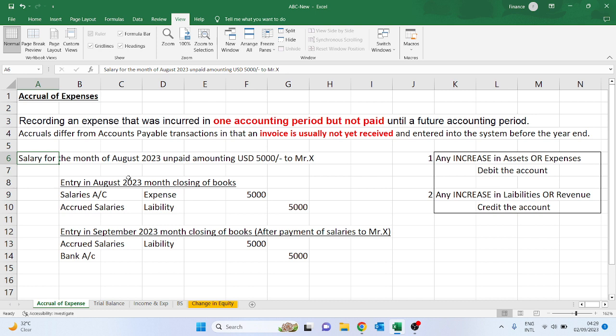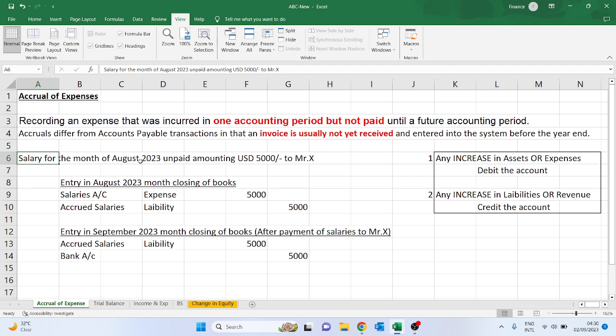On 31st, during the month closing, we need to pass an entry in the books. So $5,000 is an expense to the company. It's a salary expense of Mr. X.